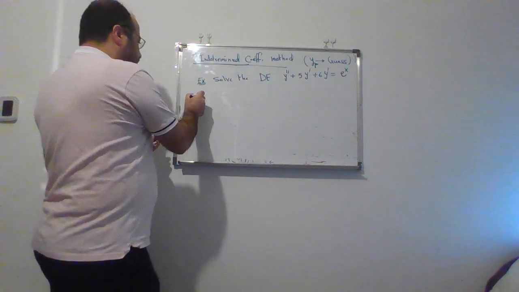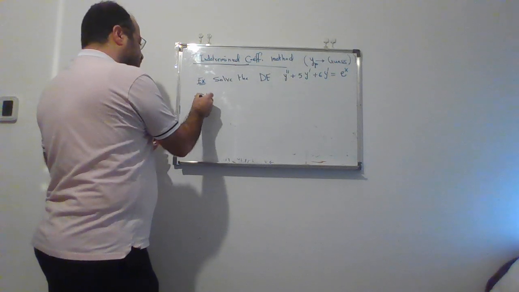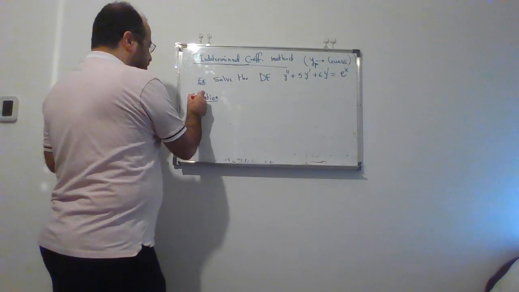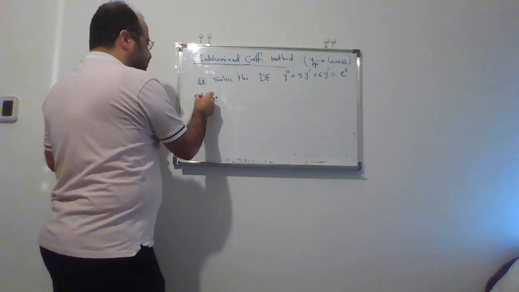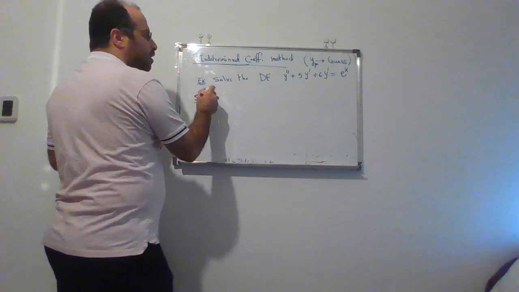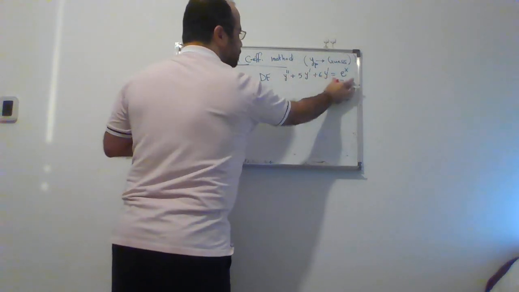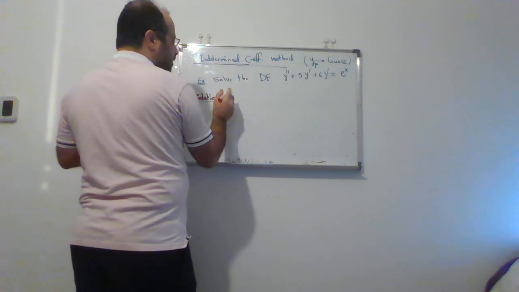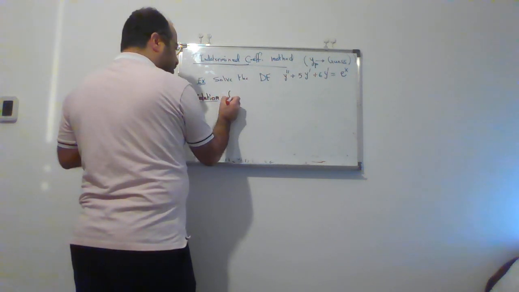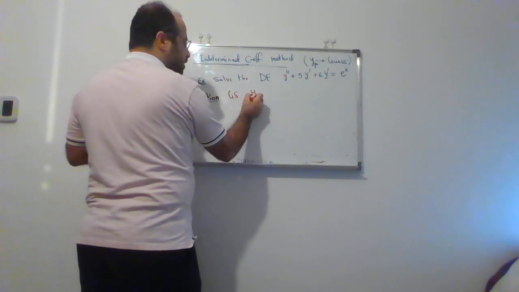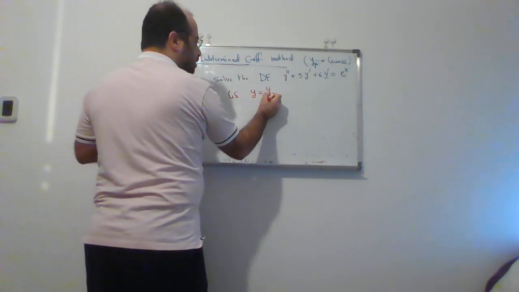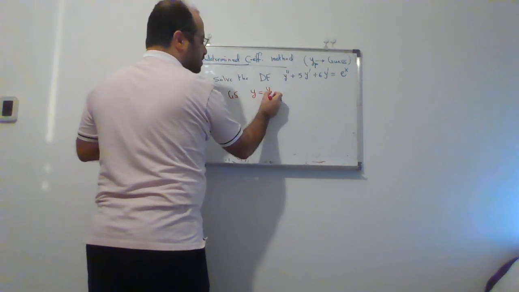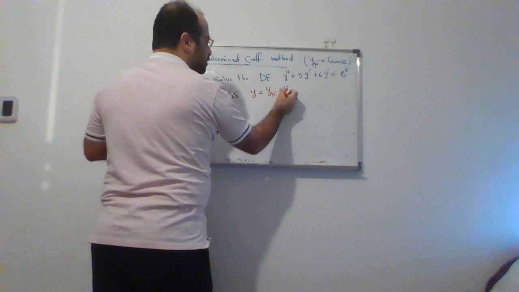Now, here's the solution. Step number 1: first solve for the homogeneous. Your general solution will be y equals y homogeneous plus y particular.